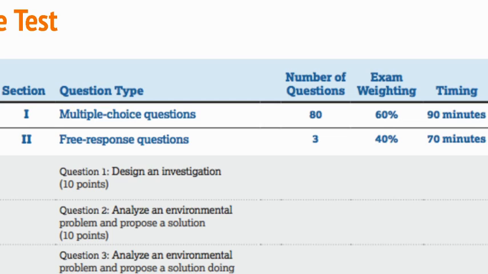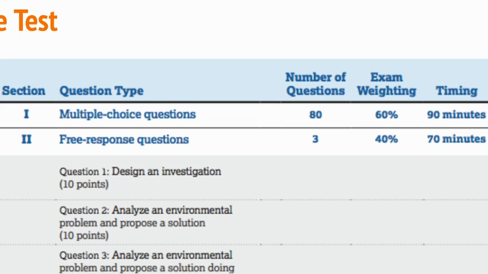So they're most likely going to give you a scenario of some sorts, maybe even data, a graph, and you're going to have to identify variables, hypotheses, and maybe even come up with some sort of procedure and potentially predict data. In question number two, they are going to provide you some sort of environmental problem, and you will have to then propose a solution.